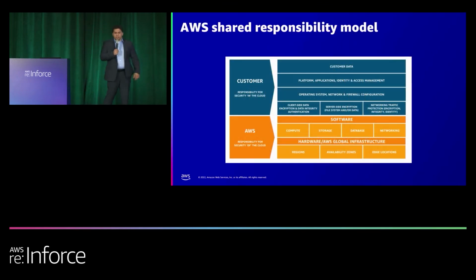So AWS, most of you should be familiar with this. There's a shared responsibility model in terms of protection and security and compliance, where AWS is responsible for security of the cloud, and our customers are responsible for security in the cloud.